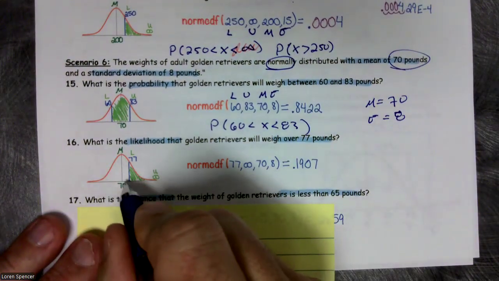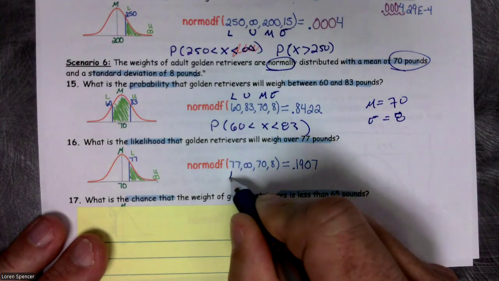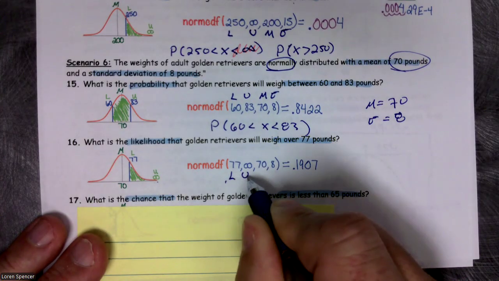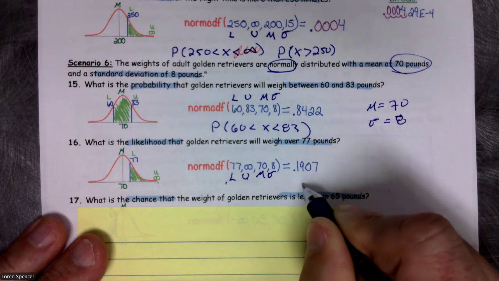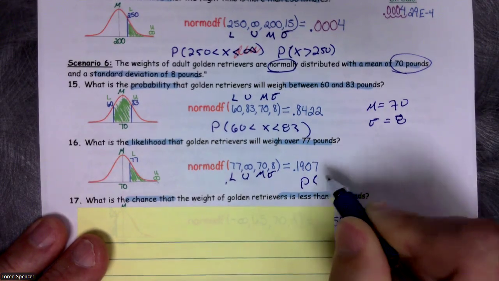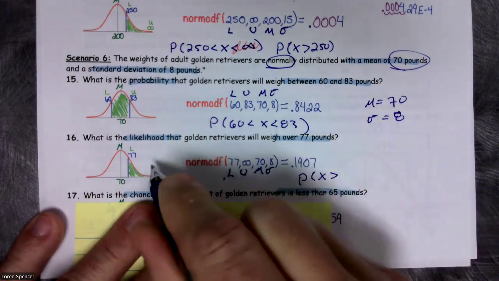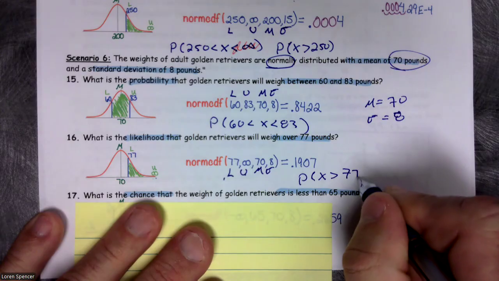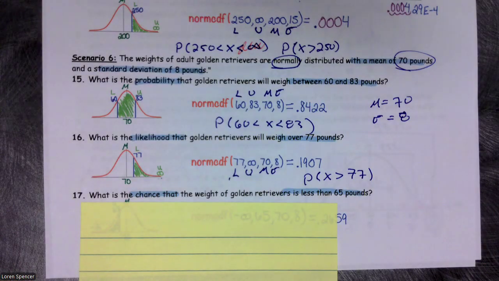So there's the lower part of our shading at 77, shading up to infinity. So lower, upper, mean, standard deviation. And our probability statement is the probability that X is greater than 77, because we shaded everything above 77.